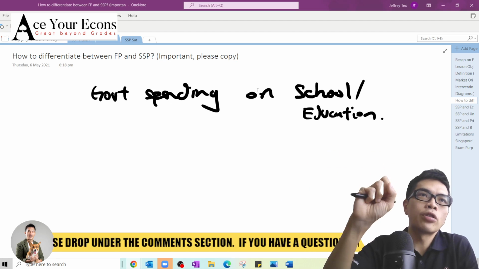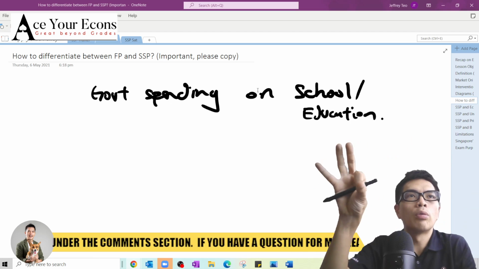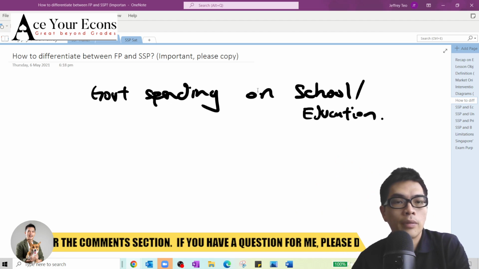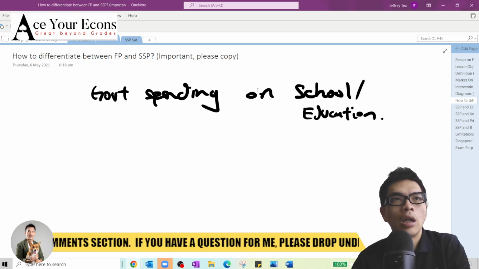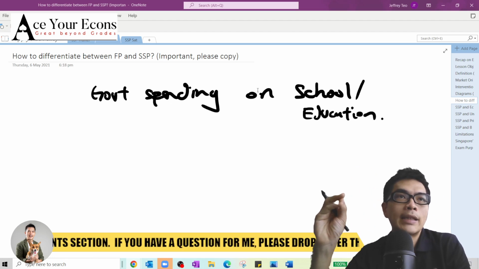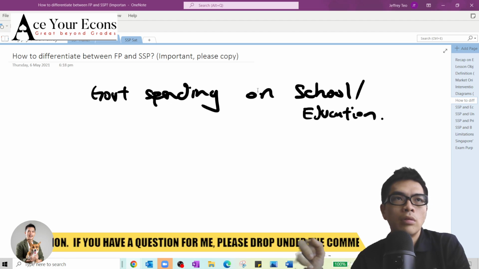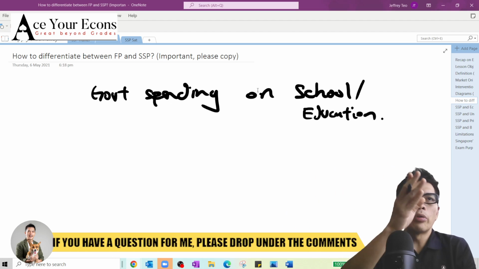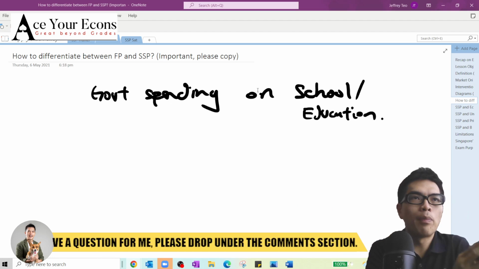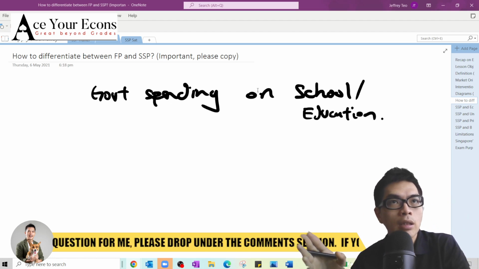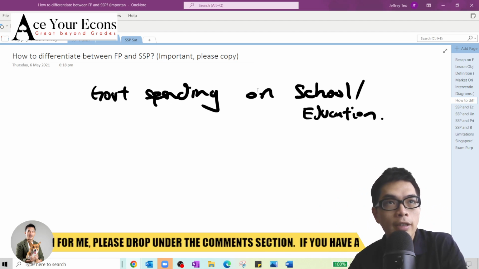However, if the extract or the case tells you that we want to promote higher productivity, or we want to correct structural unemployment, then it will be supply side policy. Depending on which situation is provided to you, we can have either fiscal policy with supply side effects or supply side policy with demand effects.